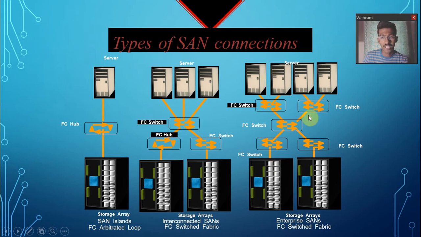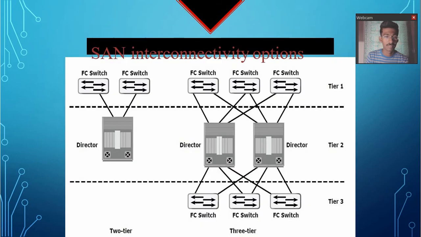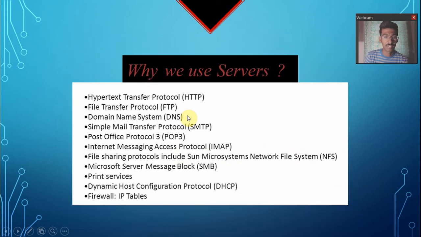This way the data can flow to both the servers. It can decide which data should go to which server. So coming to SAN interconnectivity options, you can see here the architecture or the topology for interconnectivity options.